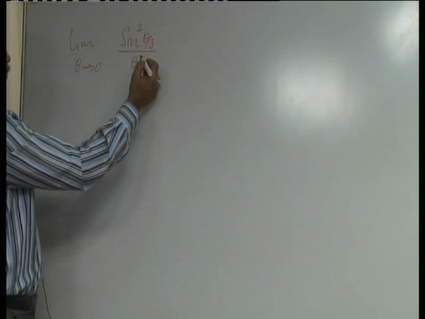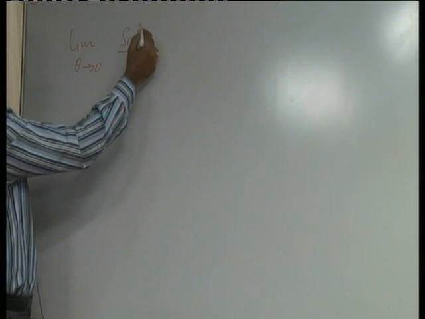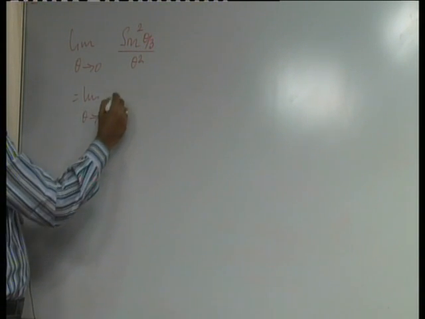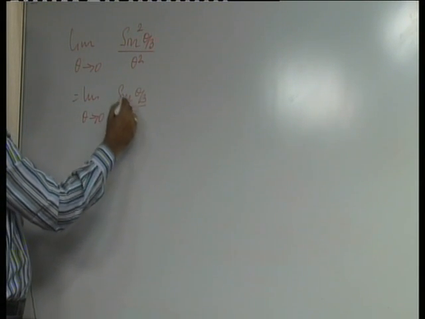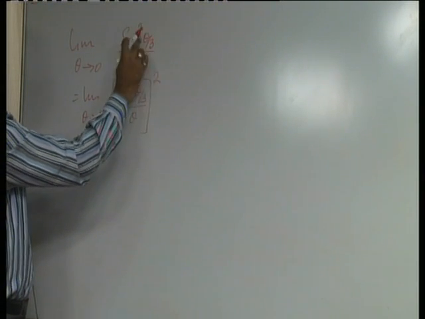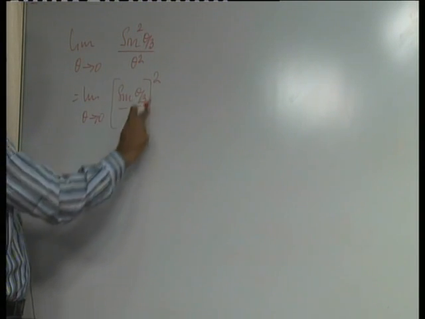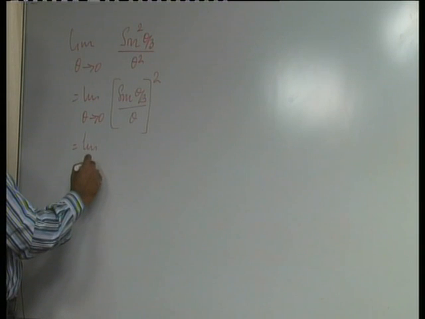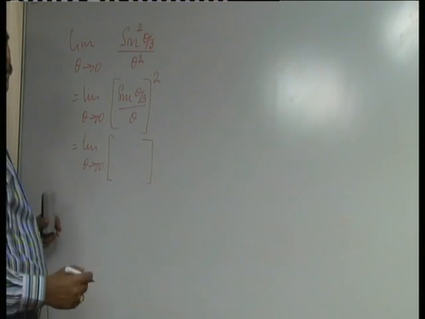As I explained in the previous example, both are having squares. I will take them as limit theta tends to 0, sin theta by 3 divided by theta, I will put it whole square, because the numerator is also having square and the denominator is also having square, therefore I can take it as a whole square. Then I want to make the given bracket into a standard form.